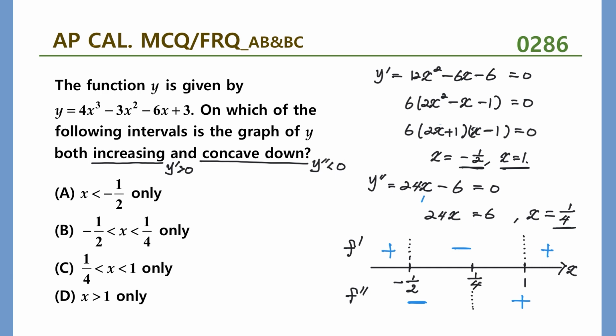We're looking for the interval where the graph of y is both increasing, in this interval where y prime is positive, and concave down. It is concave down when the second derivative is negative, right? So in this interval, since y double prime is negative from here to here, both increasing and concave down is going to be this region right here.